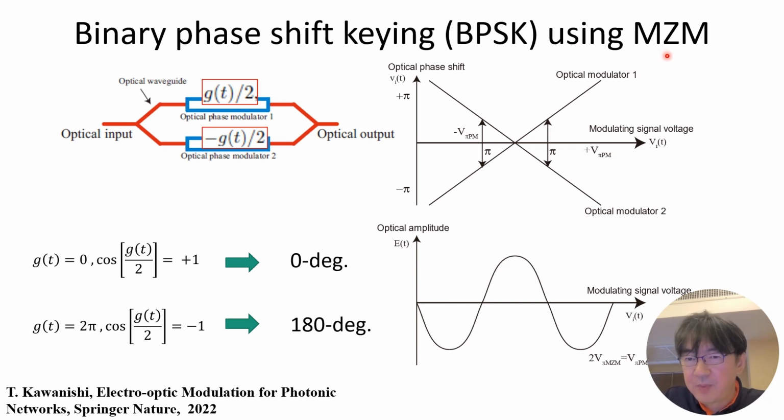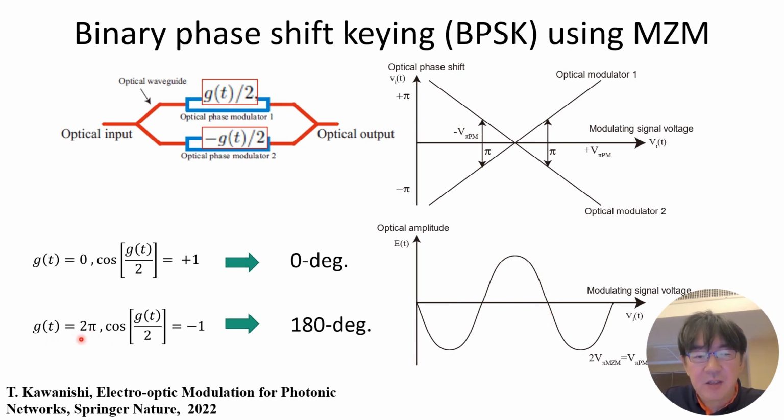The modulator is an amplitude modulation device. As I mentioned, we have 2 on-state points with +1 and -1. By using these 2 points, we can get 0 degrees and 180 degrees, the +1 or -1. If the phase difference is 0, we can get the 0 degree symbol.